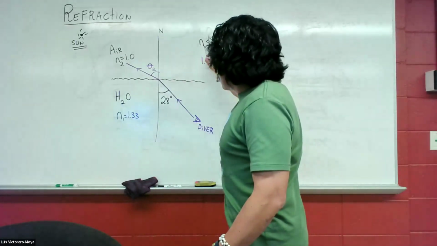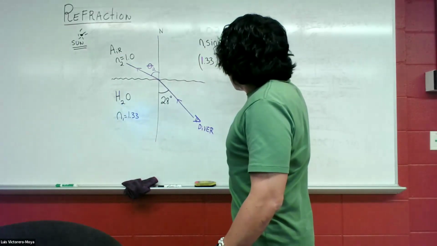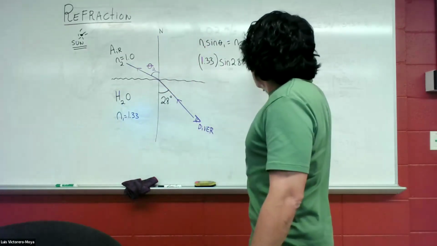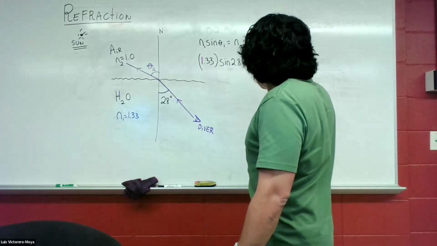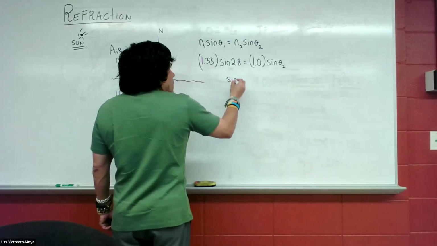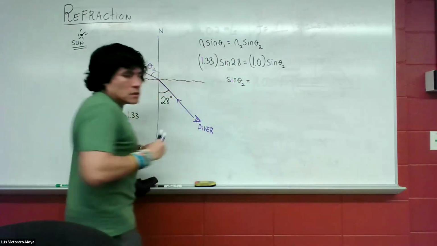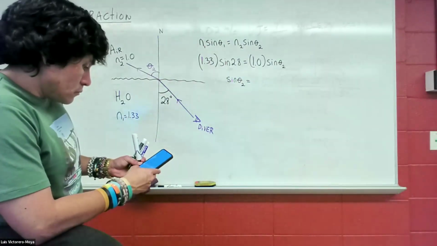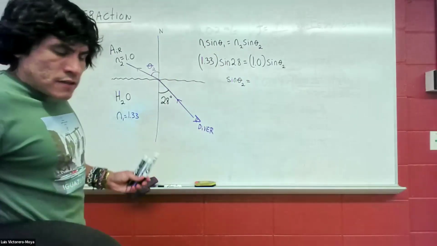So 1.33 times sine of 28 equals 1 times sine of theta 2. So sine of theta 2 is this. Yeah. So you have to grab your calculator. I get 0.62.